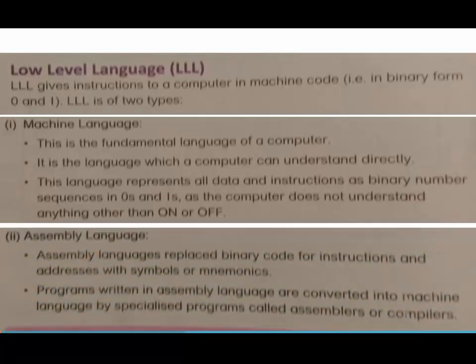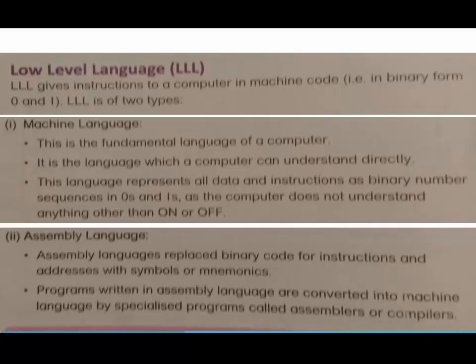Now, assembly language. Assembly languages replace binary code for instructions and addresses with symbols and mnemonics. Here M is silent, okay? So that word will be read as mnemonics. So assembly language replaces the binary code with symbols.